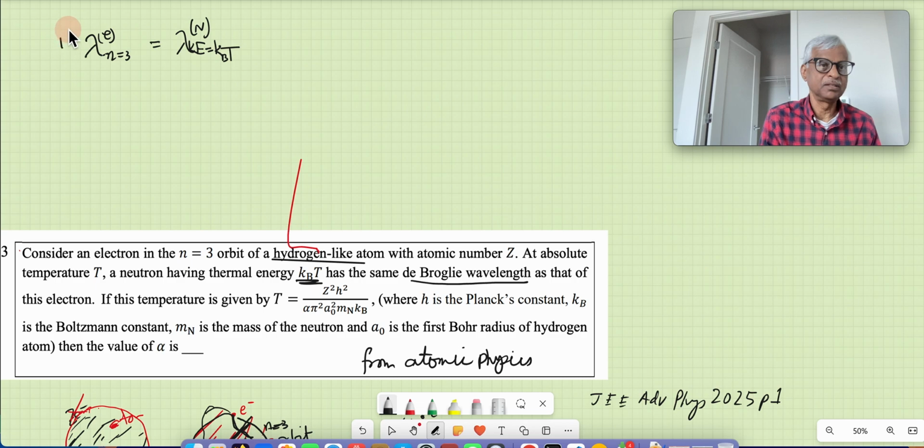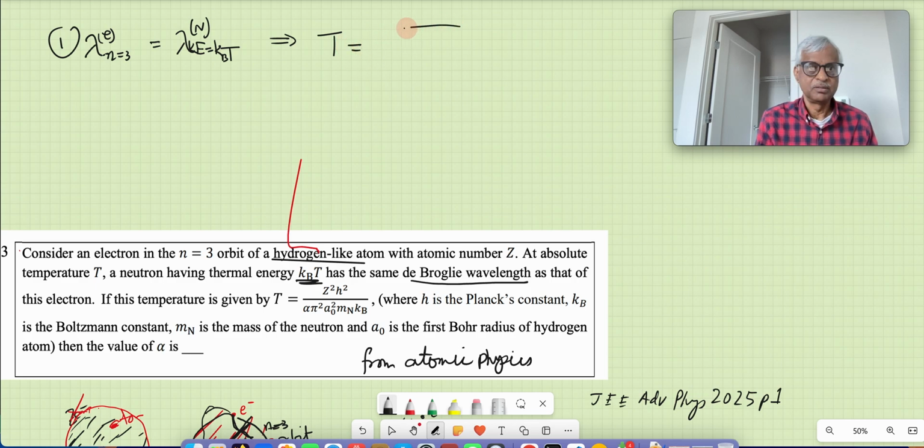So this is the condition given. That's how I read this condition. If you implement this, you'll find the temperature is this big giant formula, with a big numerator, then there's alpha, and then this denominator. And the question is, what is this alpha?